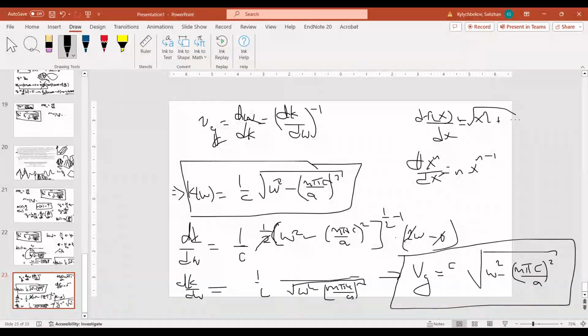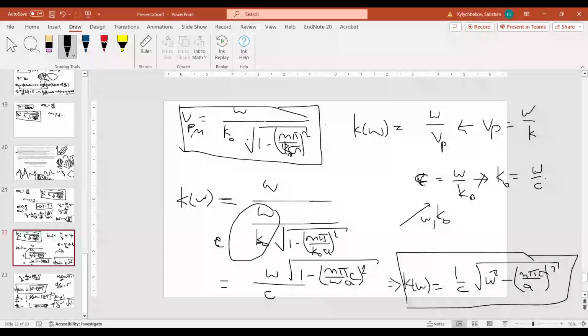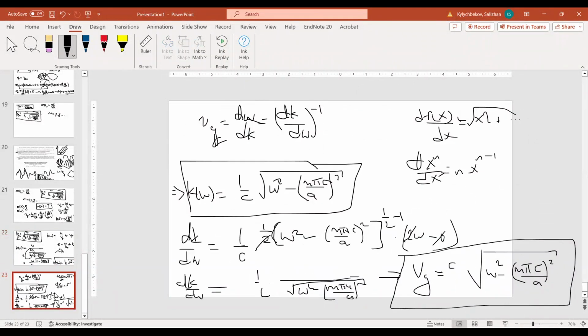If you compare phase velocity and group velocity: phase velocity, omega over k0 is c, it was c divided by this. Group velocity is c multiplied by this.